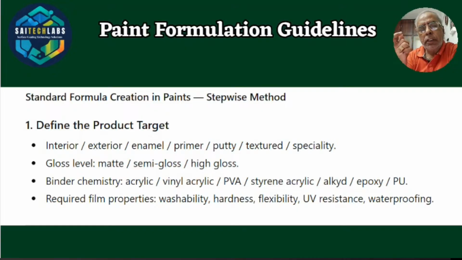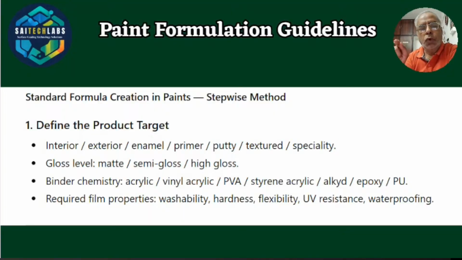You could have seen this eggshell finish. So that itself is called eggshell finish. It means it is between the matte and semi-glossy. So I would like to introduce this eggshell in between this matte and semi-glossy.